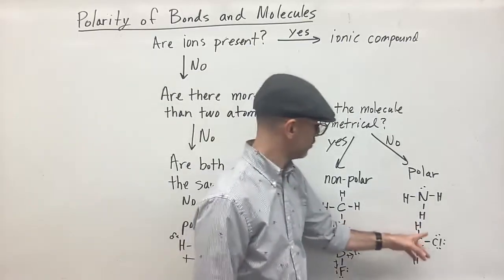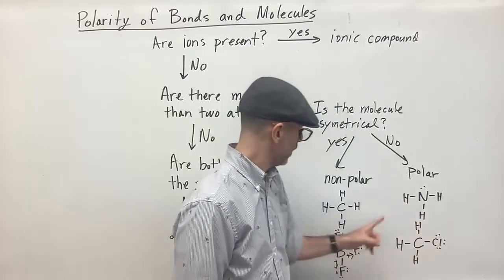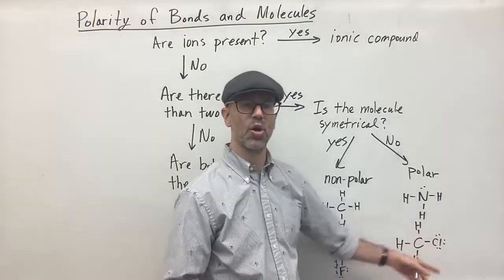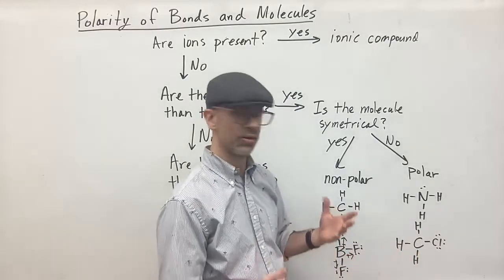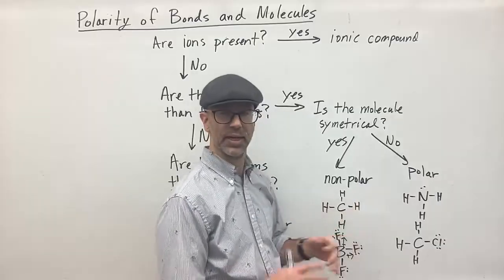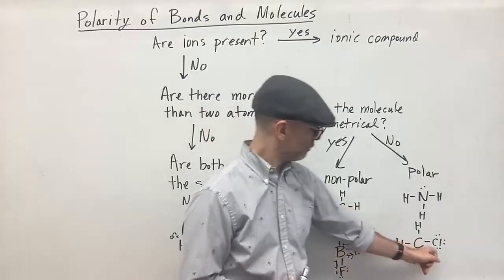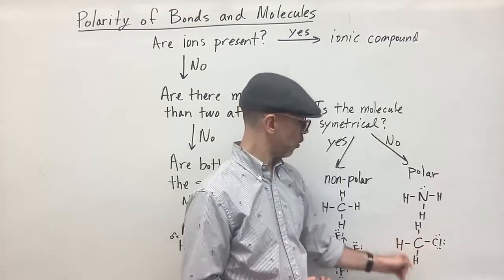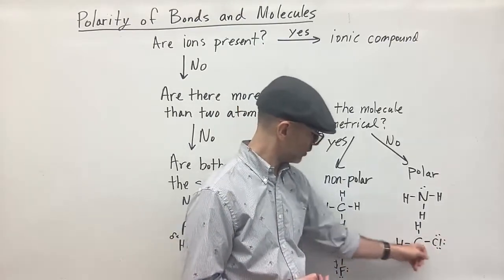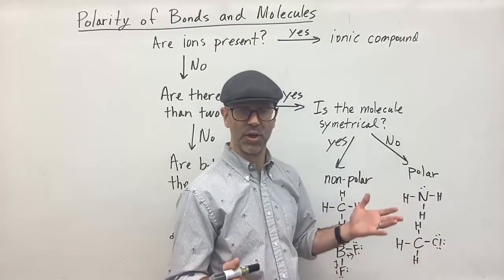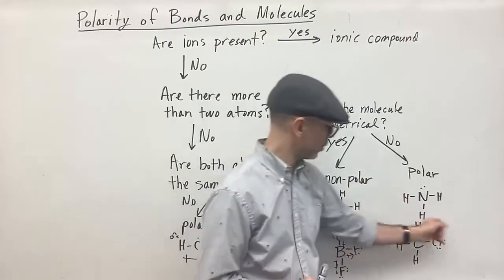And so here you can see the difference between this molecule and the previous one is that you have a different atom. They're no longer the same atoms. One atom is different. Again, if you had the same atoms, then it would be nonpolar. But if you have one atom that's different, or 2 atoms that are different, or 3 atoms, like here we have different, that destroys the symmetry, and so now you have polarity.